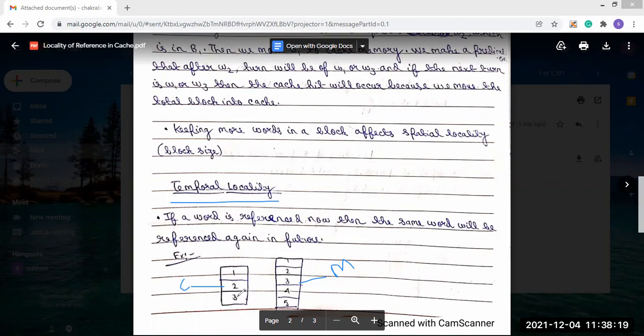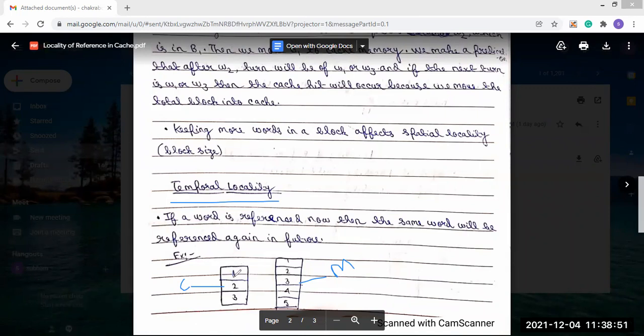So this will be needed soon, or will be referenced again sometime after. Block 2 came before 3, and it could be replaced, but it came only slightly earlier, so we will not choose the second block.